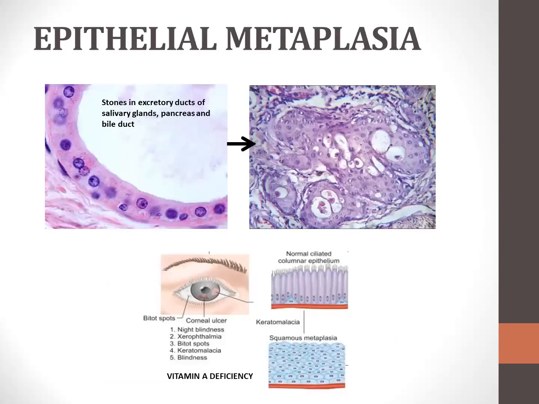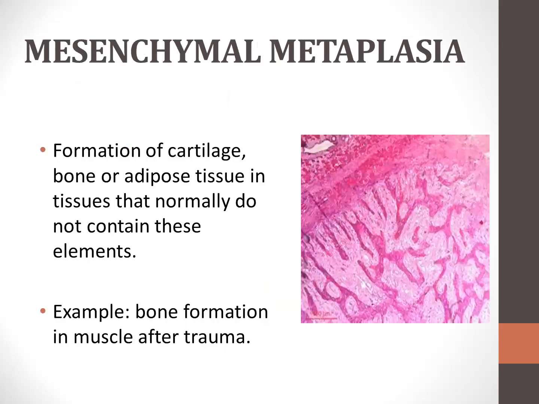Then the low columnar epithelium of the excretory ducts of salivary glands, pancreas, and bile ducts. When there is stone impaction in these ducts, the columnar epithelium changes into stratified squamous epithelium. Also, in cases of vitamin A deficiency, the normal ciliated columnar epithelium of the cornea changes into squamous epithelium. So these are all forms of epithelial metaplasia.